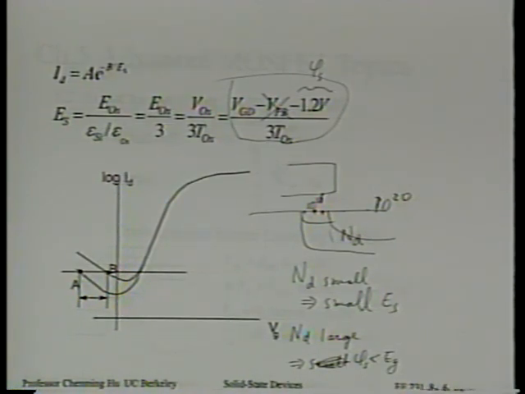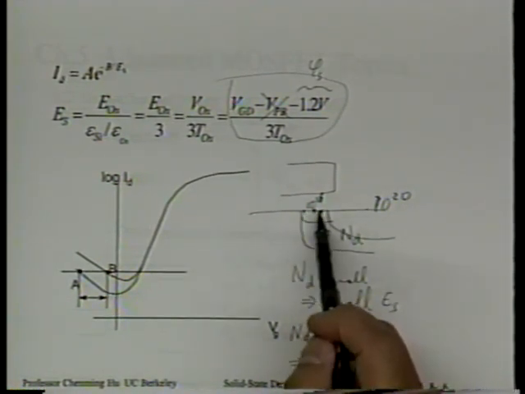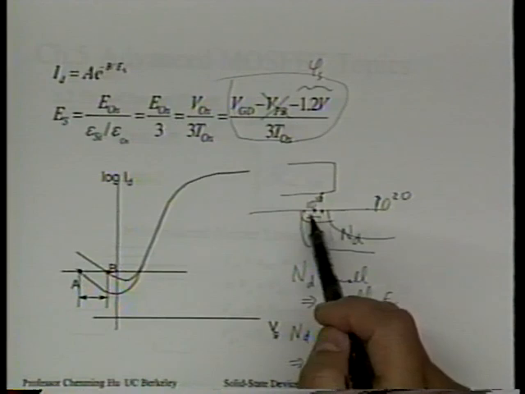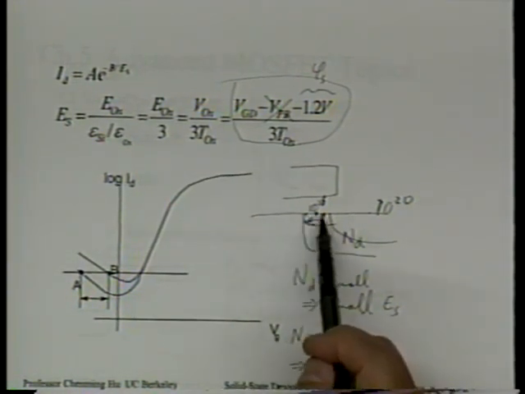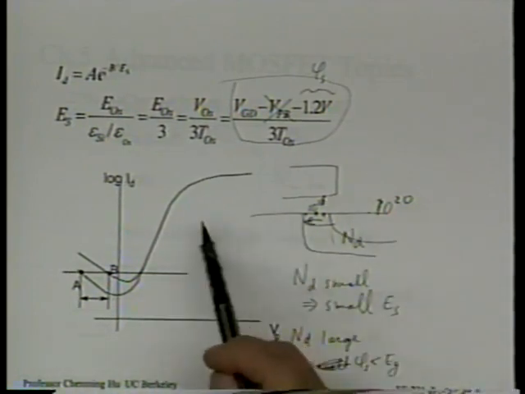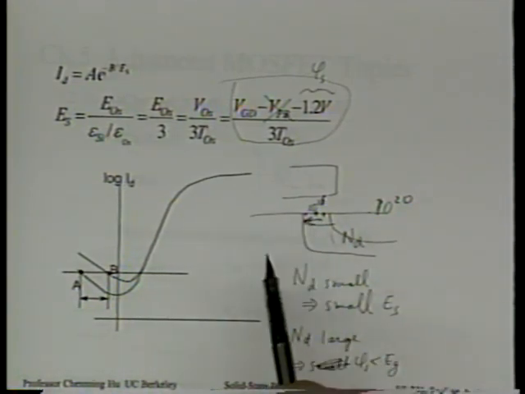Then there's this trade-off, such that we actually do believe, it's known, that using LDD will somewhat suppress the GIDL, okay? And part of it has to do with the lateral field. Due to the doping gradient here, it turns out there's a strong lateral field as well, simply because phi s is not constant along this lateral direction. If phi s is not constant, then you will have a lateral electric field.